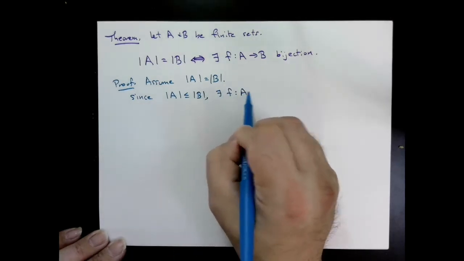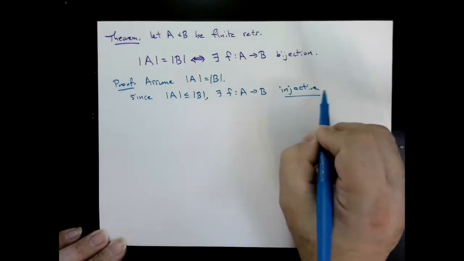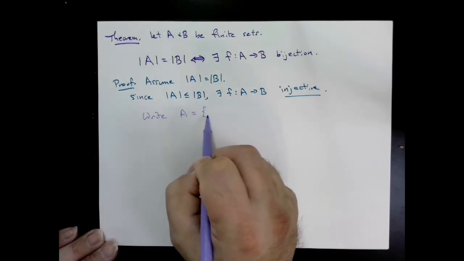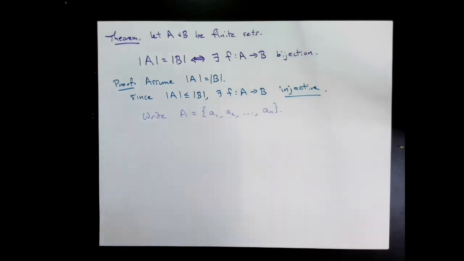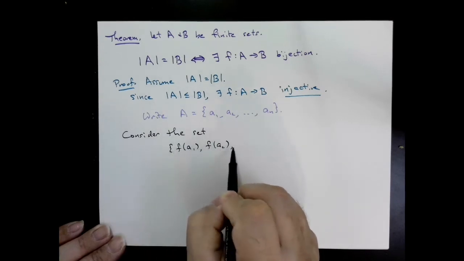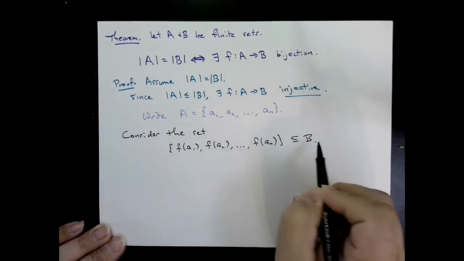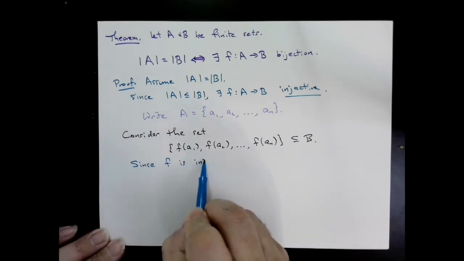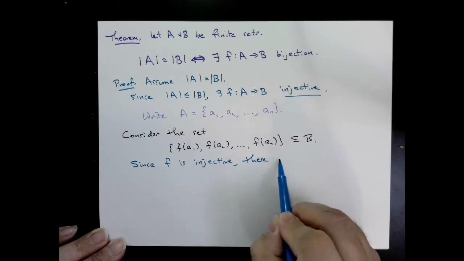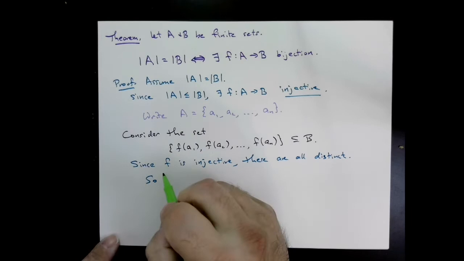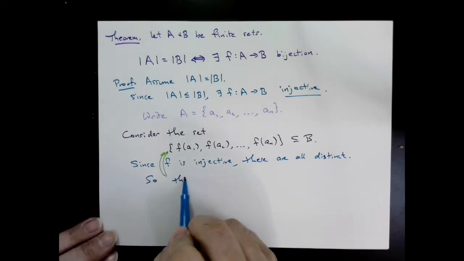Let's prove this. Let us first go from left to right. Let's assume that the size of A and the size of B are equal, and let's call that number n. Let's write out the elements of A as a1, a2, up to an. Now, the size of A is equal to the size of B, which of course means the size of A is less than or equal to the size of B, and the previous theorem tells us that there is an injection f from A to B. So let's apply f to this set A, and we get f of a1, f of a2, all the way up to f of an.